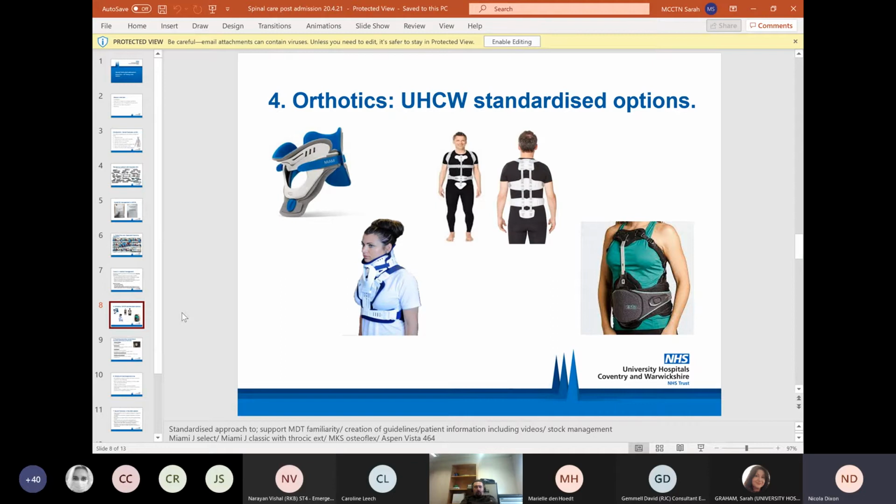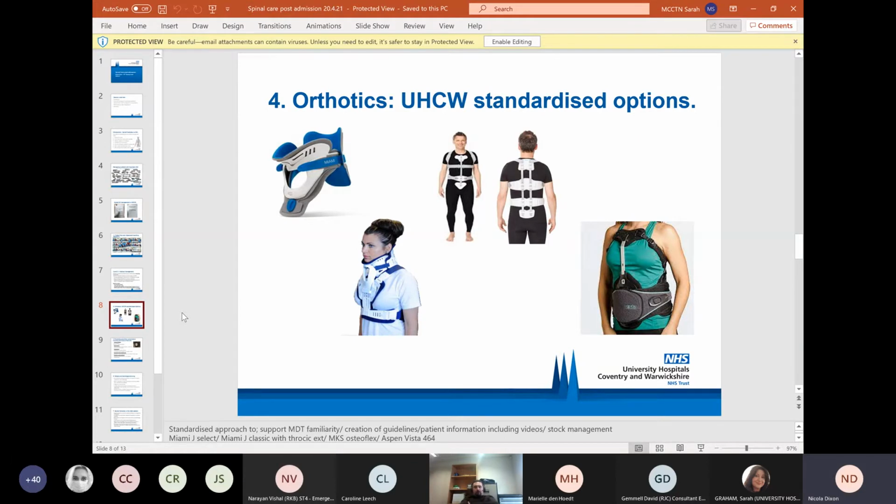This is an adjustable one, so it should fit 90% of the population. The extremes really are the very, very small, frail, who we would probably use a Miami J pediatric collar with, or the bariatric end, or the very thick stout neck end, which again, Miami traditional collars can fit those patients.